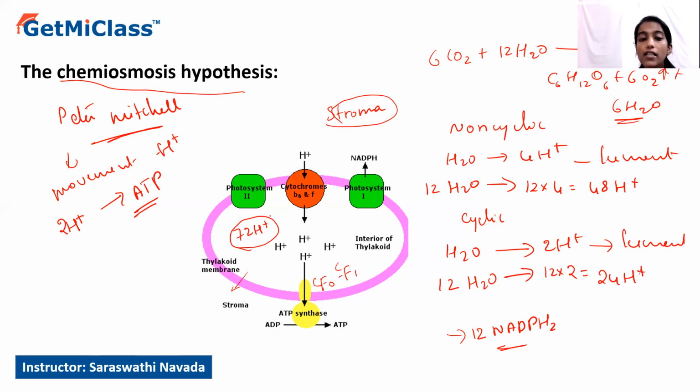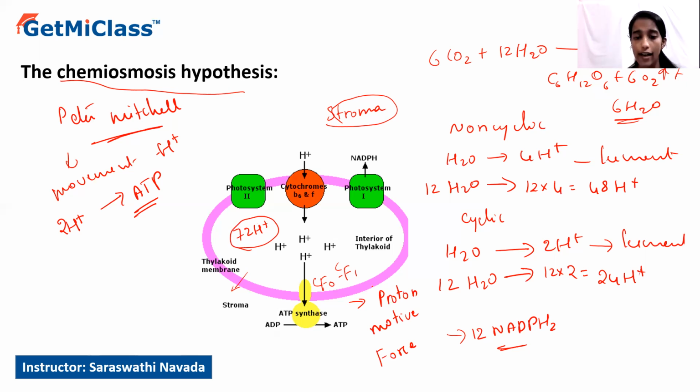So if hydrogen ions have to move from the lumen of the thylakoid to the stroma, they always pass through this ATP synthase enzyme complex. As two hydrogen ions pass through this ATPase enzyme complex, the energy generated is called the proton motive force. Proton motive force is the energy or force developed due to the movement of protons across the ATPase enzyme complex.